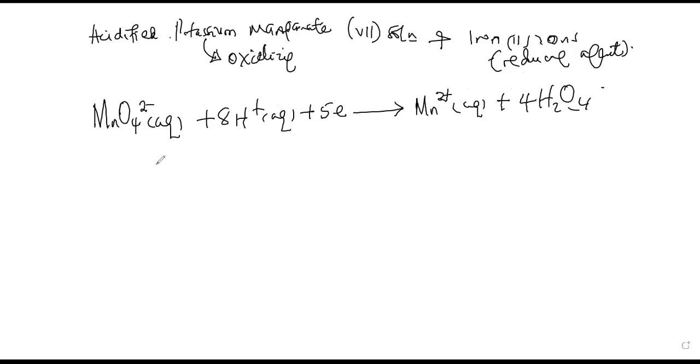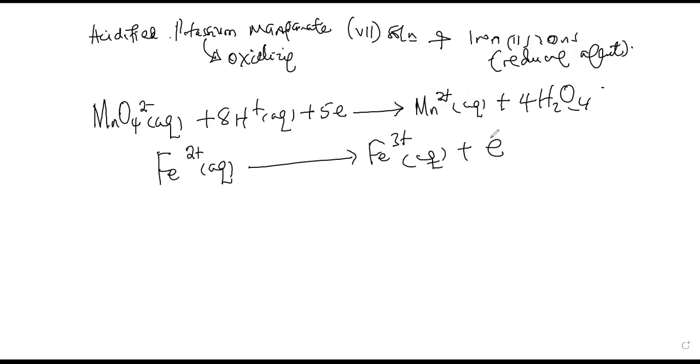Then for iron 2, being a reducing agent, it will be oxidized to iron 3 plus electrons. These are the equations we derived together.